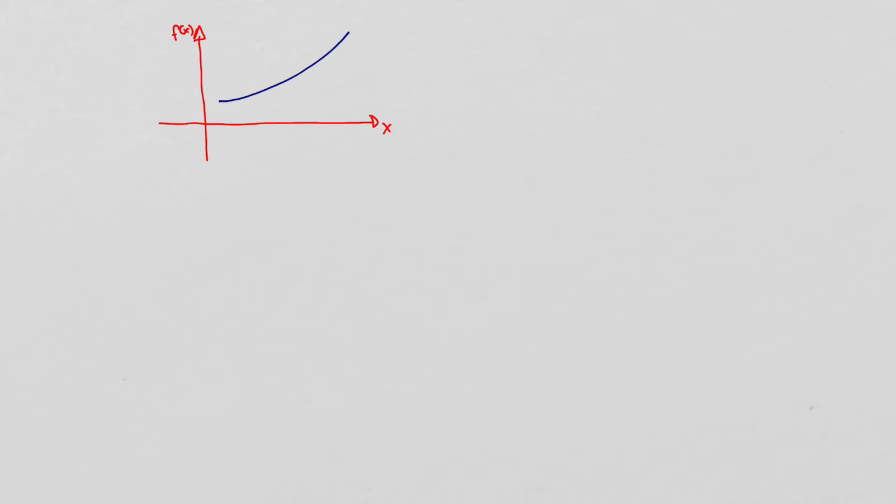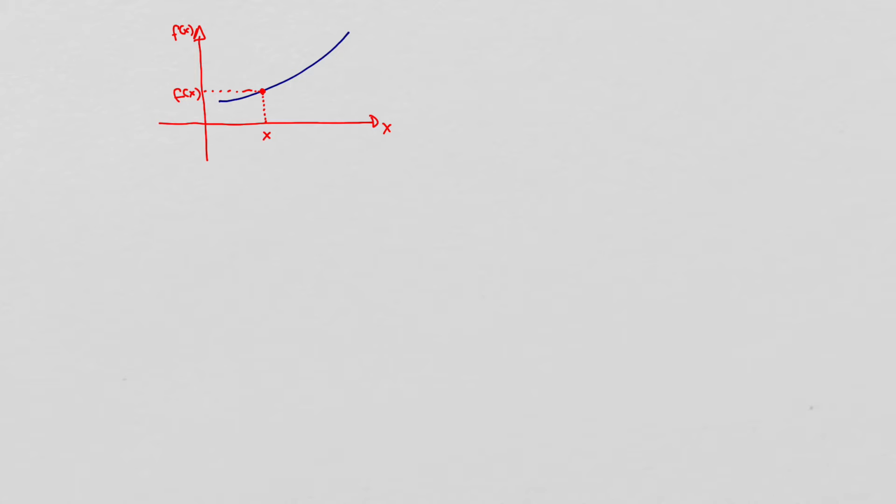So if I take 1 point on this function, and I say, well, my input is x. If I input that into my function, I will get whatever the output is going to be from the function. So I input x into my function, my output will be f of x.